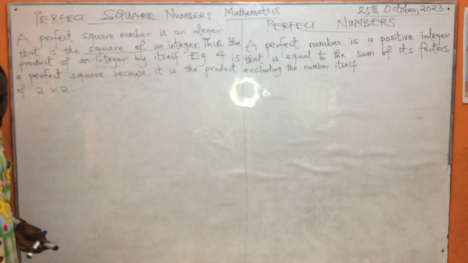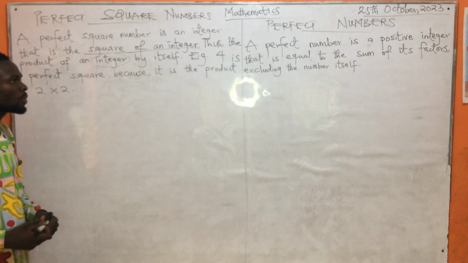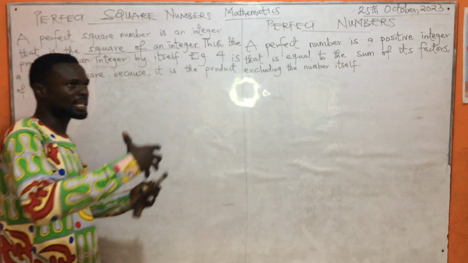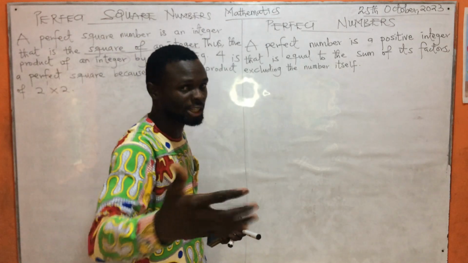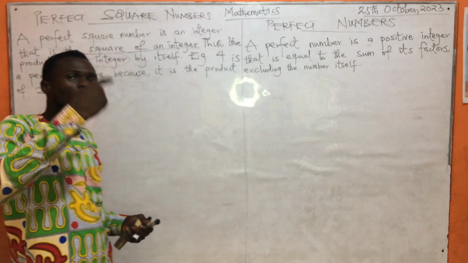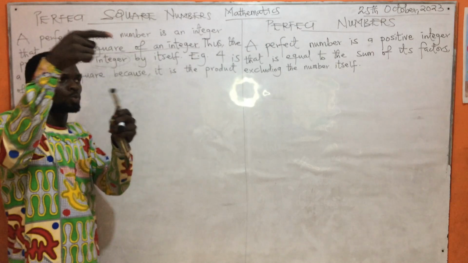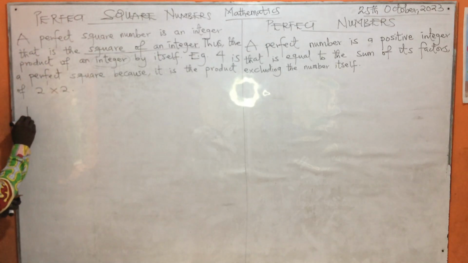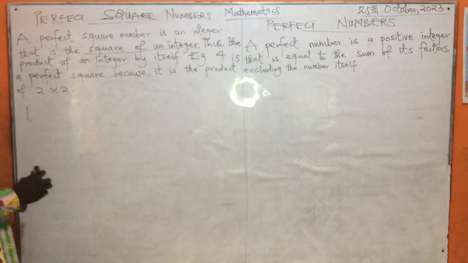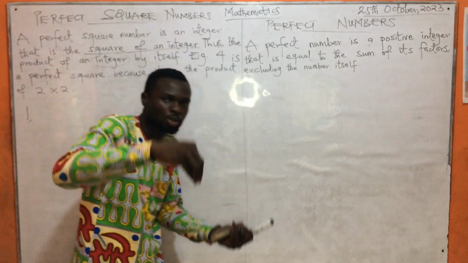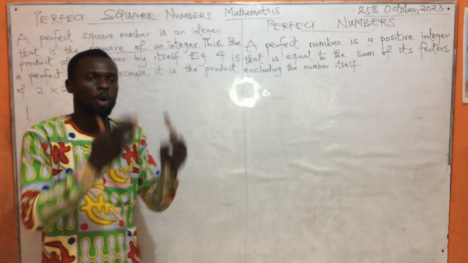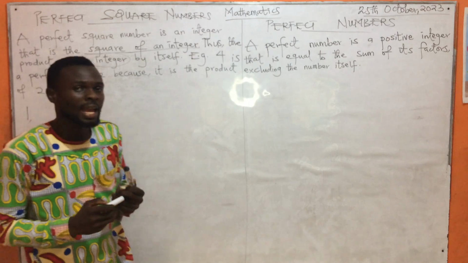So let's look at some examples. Let's start from the counting numbers, or natural numbers. If I square 1, 1 times 1 will give me 1. So 1 is a perfect square number. Why?